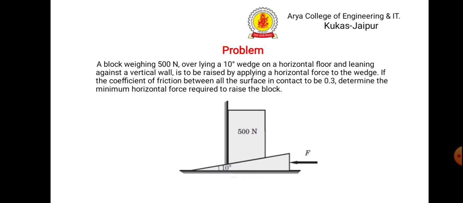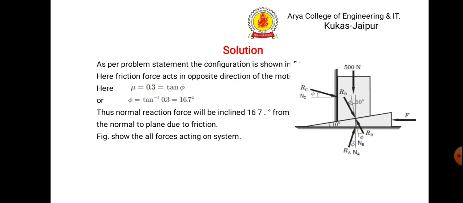First of all, according to the problem statement, we will draw the figure. For the 500 Newton, it is a weight, vertically downward. There is one normal reaction NC, and one reaction NB, which is perpendicular to the 500 Newton block and perpendicular to the inclined wedge. One is NA, which is the reaction of the ground.